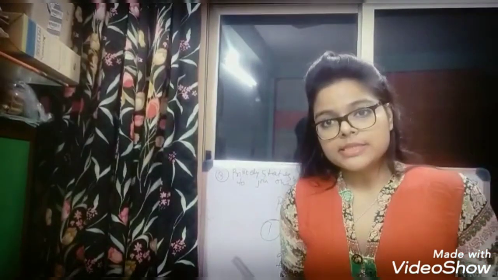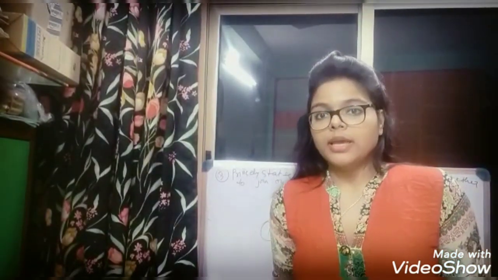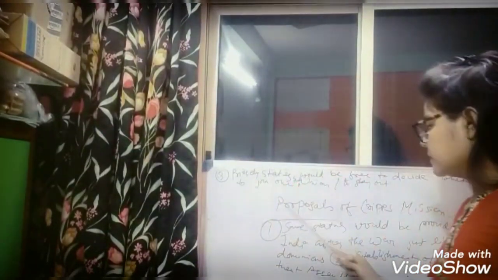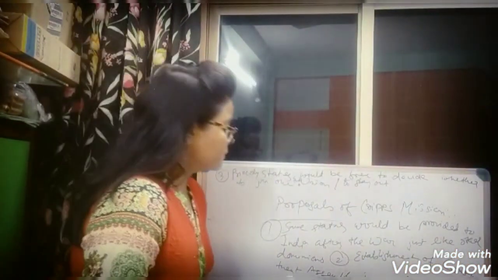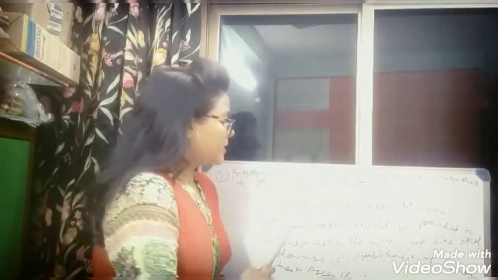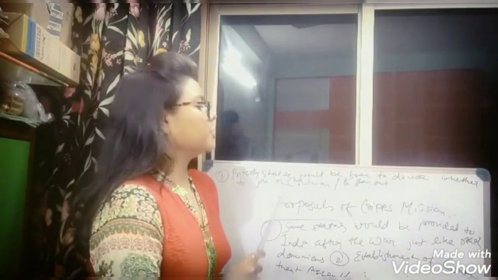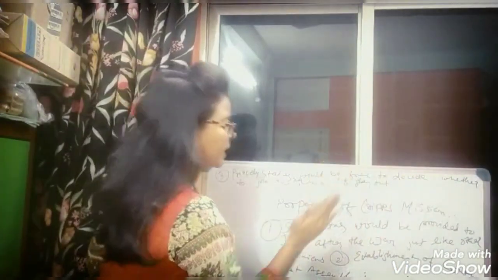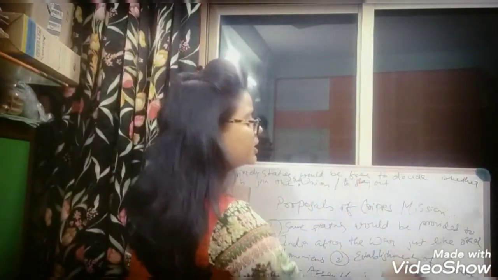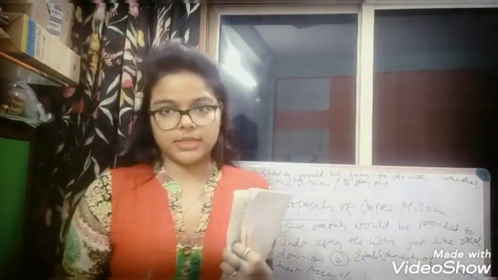Now students, let's have a quick look into the proposals of the Cripps Mission. The Cripps Mission provided some of the important proposals, like same status would be provided to India after the war just like other dominions. Second, establishment of a constituent assembly just after the war.